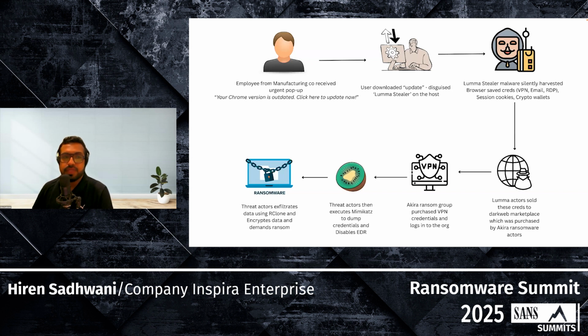He somehow visits a compromised website which says your Chrome is outdated. You need to update it. Click here to update. The user thinks it's a legit site and that his browser is outdated. He clicks the link and downloads update.exe. Basically, that update.exe is Lumma Stealer malware.